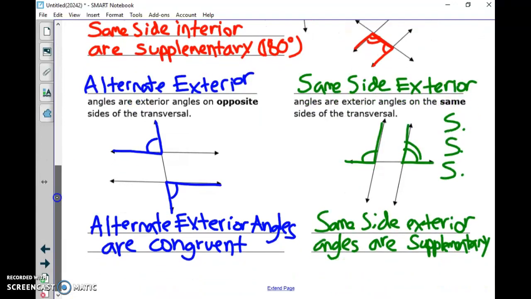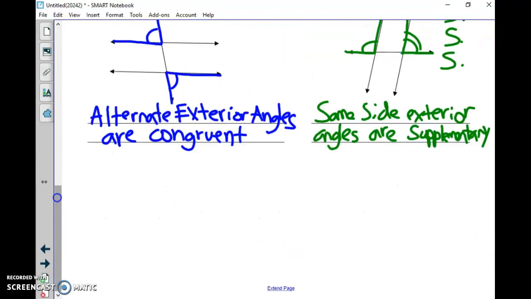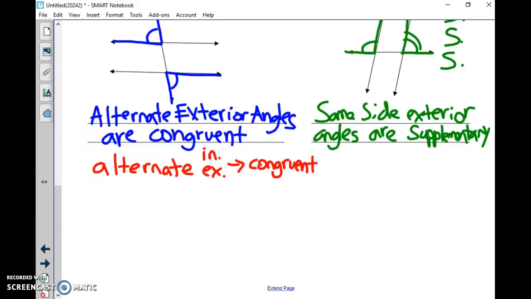So, at the bottom of this sheet, we're going to make a little note to ourselves here, that anytime we see the words alternate, whether it's alternate interior or exterior, those are going to be congruent. We know they're going to be equal in their measurement.